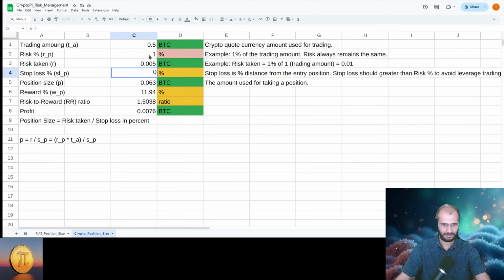So let's say I put 0.5% as my stop loss. Again, the risk is 1%, stop loss 0.5, that means our stop loss is less than the risk.